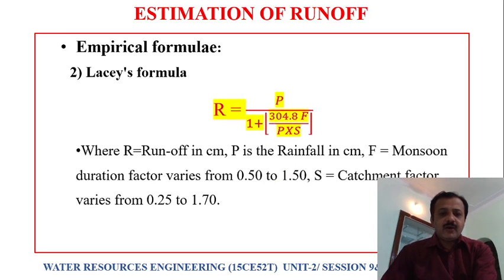Next is Lacey's formula. According to this formula, R is equal to P divided by 1 plus 304.8 F divided by P into S, where R is runoff, P is rainfall in centimeter, F is the monsoon duration factor, which varies from 0.5 to 1.5, and S is the catchment factor, which varies from 0.25 to 1.7.